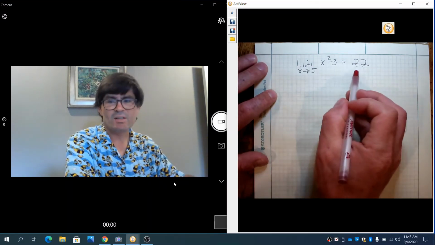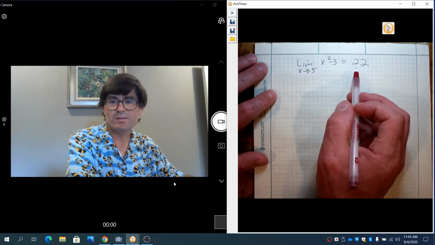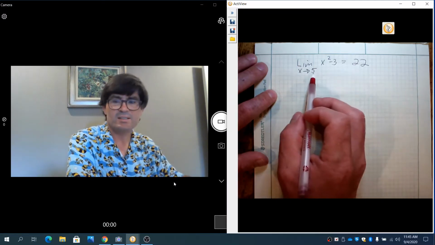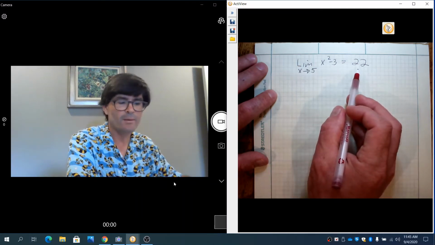If your limit equals a number, it exists. So this limit exists and it's 22. As x gets close to 5, this function gets near 22.